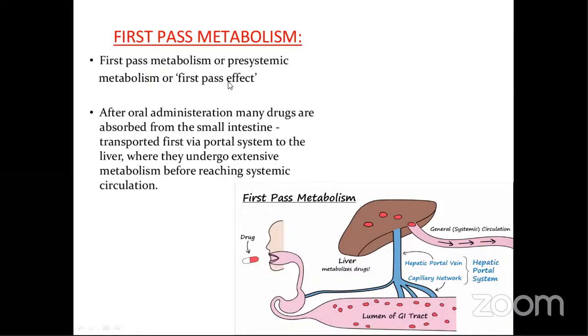That's why it is called first pass effect, pre-systemic effect, or pre-systemic metabolism. So remember these sentences or points for your exam. What is pre-systemic metabolism or first pass effect? Before reaching the systemic circulation, they are metabolized in the small intestine. So that is the first pass effect.